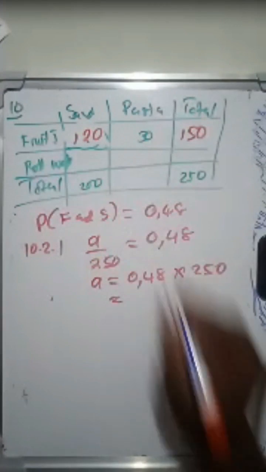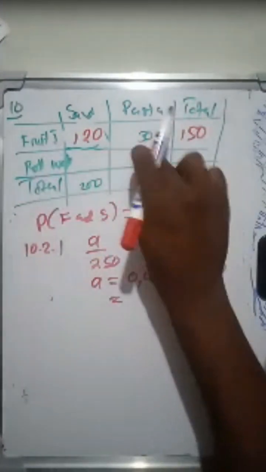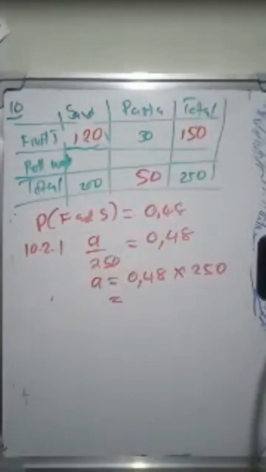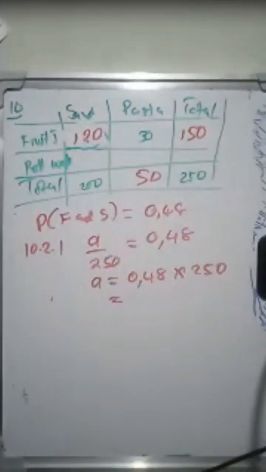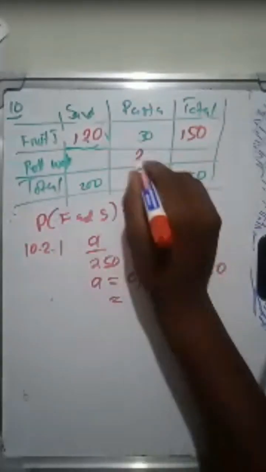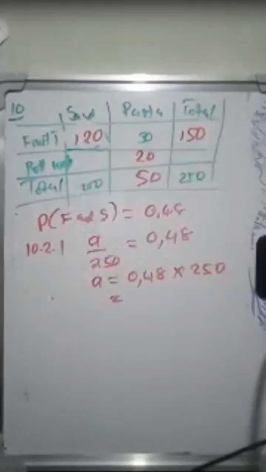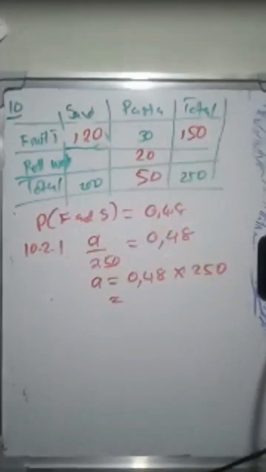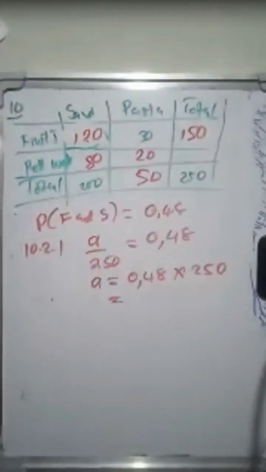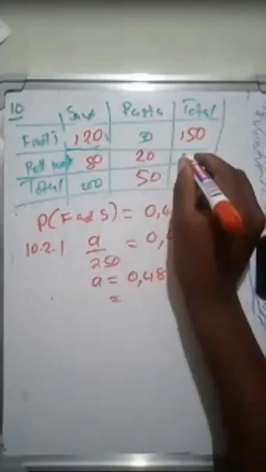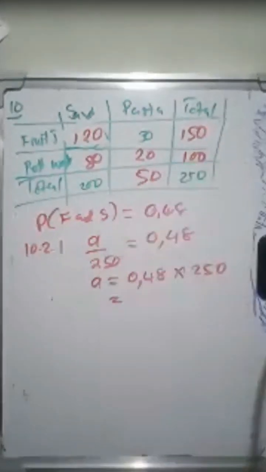We get 50. Because 30 plus here, we should get 50. What do we get? 20. 200 minus 120, what do we get? 80. Then 80 plus 20? 100. Okay, so we have populated the table.